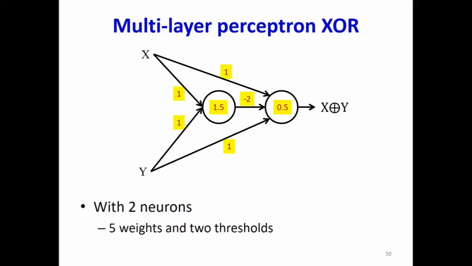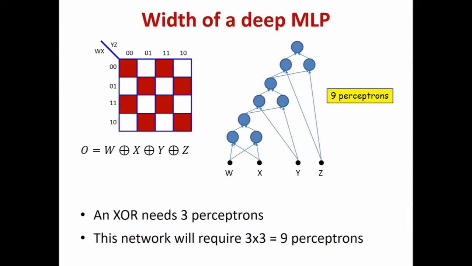I can do an XOR using just 2 perceptrons. The 3 is an easy design, but because I'm allowed to use fractional thresholds, I can actually construct an XOR using just 2. I'll continue to assume that we can use 3 in the rest of my slides.